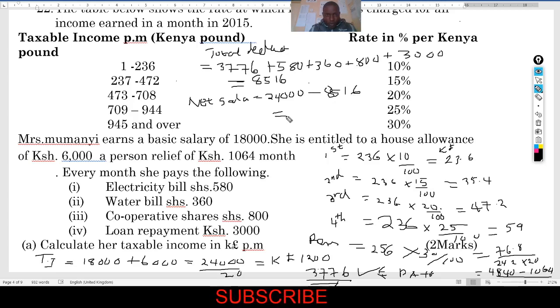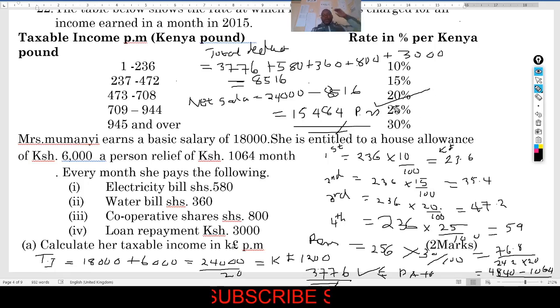This gives you the net salary as 15,484 per month. So that is the net pay per month. Net pay per month is 15,484. So that is how you do on tax.